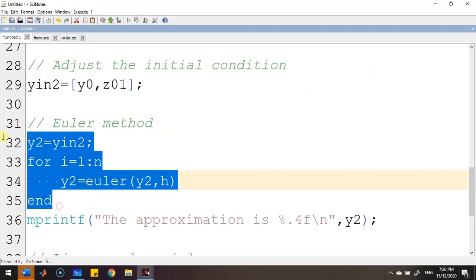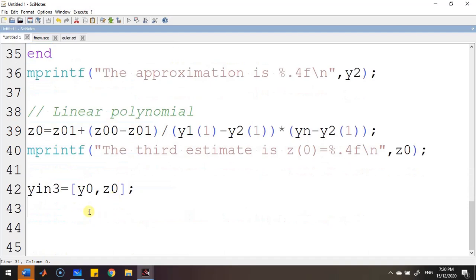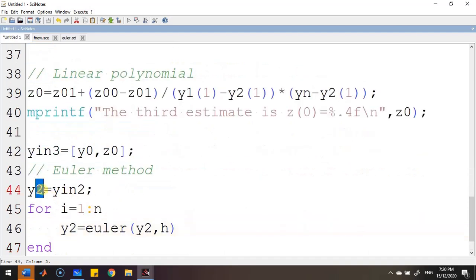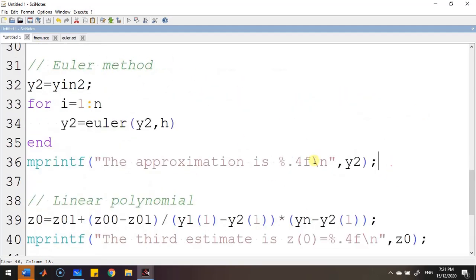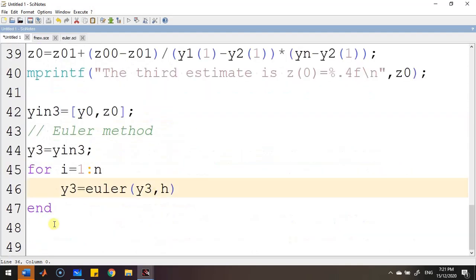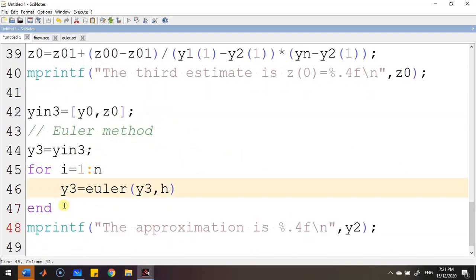Use the Euler method for the third time, where y3 equals y3 in, this is y3, y3. I'm going to copy this term here, so the approximation is for my y3.